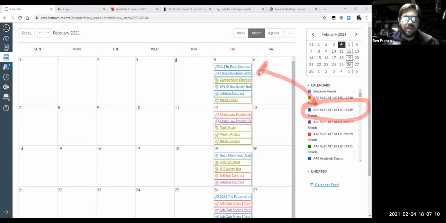Coming up tomorrow, but not due till the end of the day, 11:59, we have a few things. The syllabus contract, everybody's gone through that. You click through it, and I automatically know when you have it done as soon as you do something else. You had to get through the syllabus to get any of these other modules done.